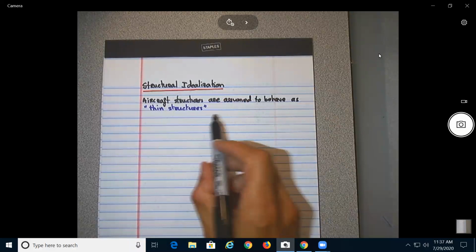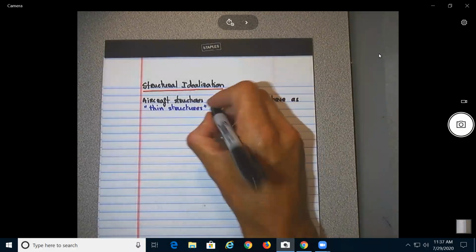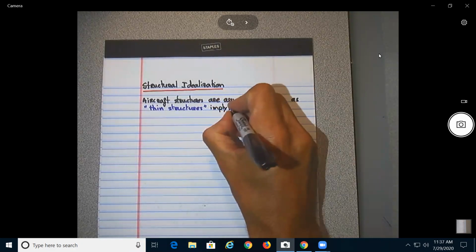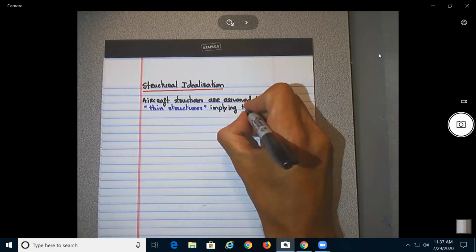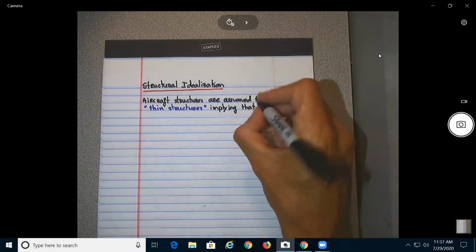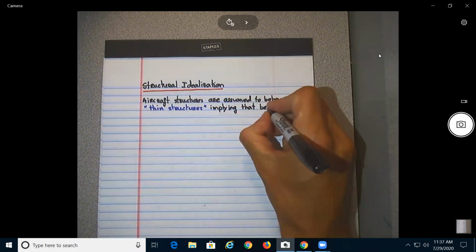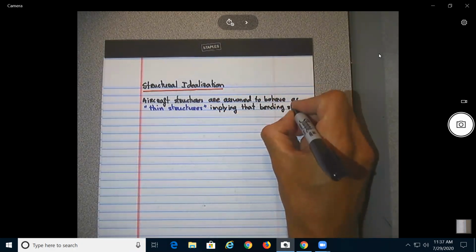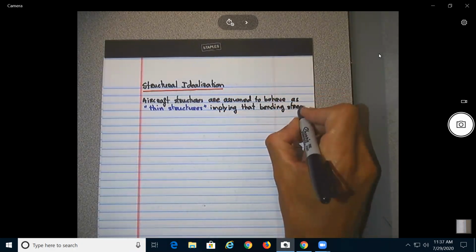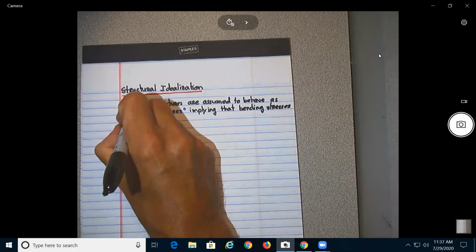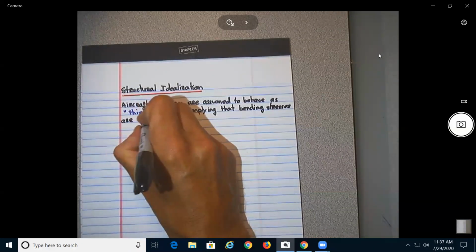So aircraft structures are assumed to behave as thin structures, implying that bending stresses are of most importance.